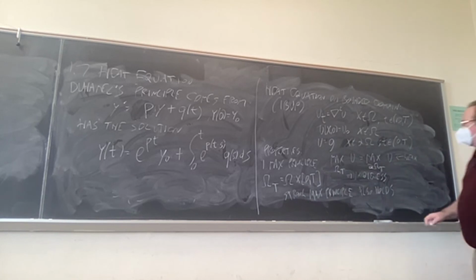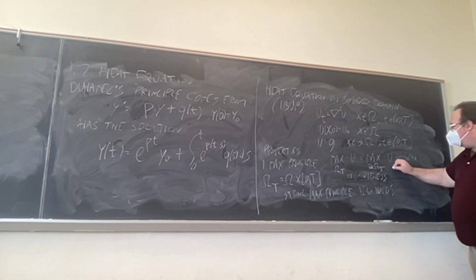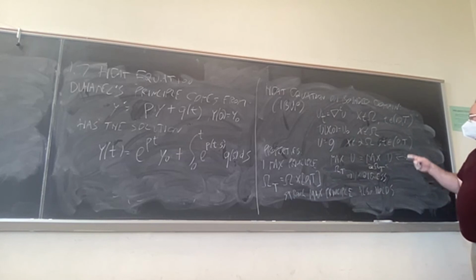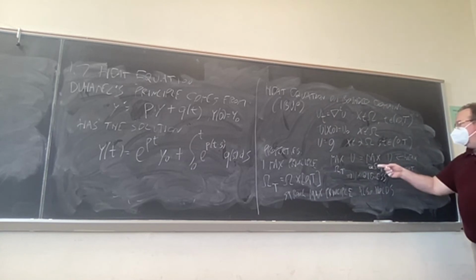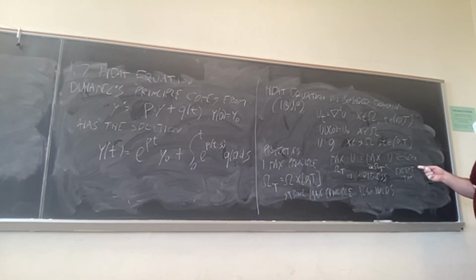One thing to be careful about notation-wise is how I define the boundary of omega. When I say the boundary of omega T, I'm not including the top part at little t equals capital T. So the maximum would not occur there.